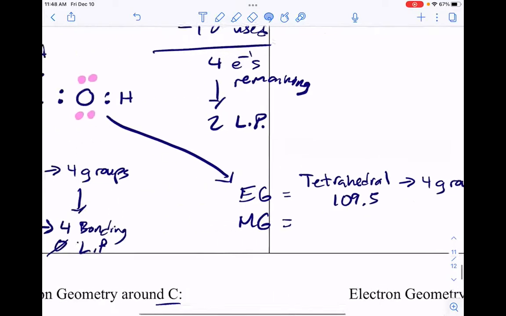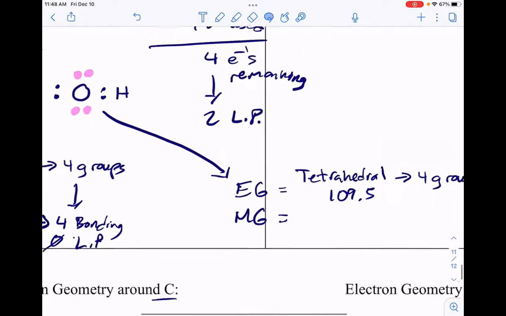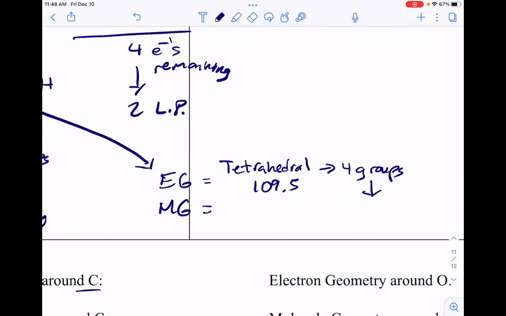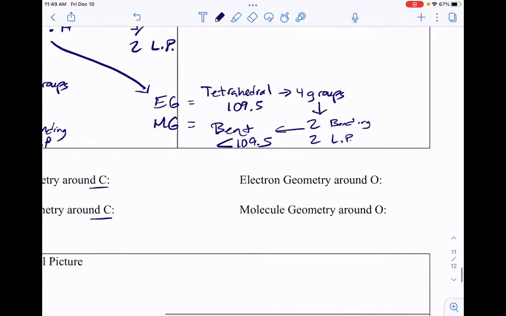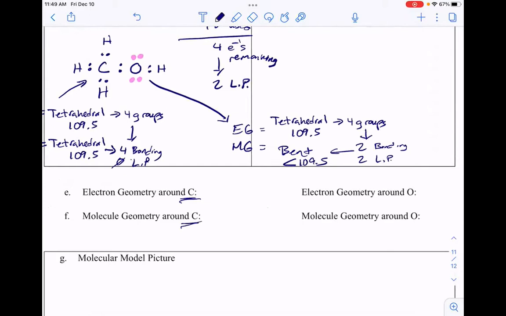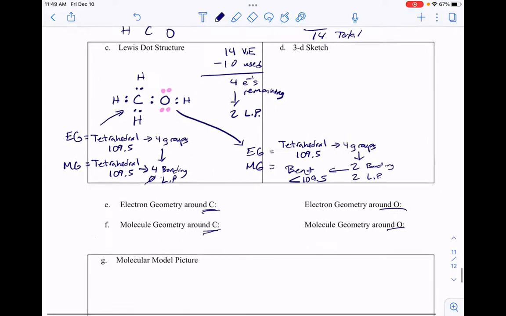For molecular geometry, of the 4 groups, we have 2 bonding and 2 lone pairs, so that would be bent for molecular geometry. That's less than 109.5. Oh, whoops, I didn't zoom out. I kind of already answered both. All right, any questions in regards to that?